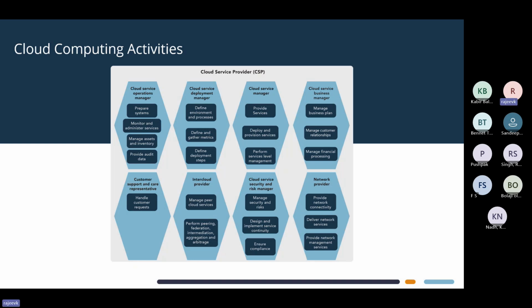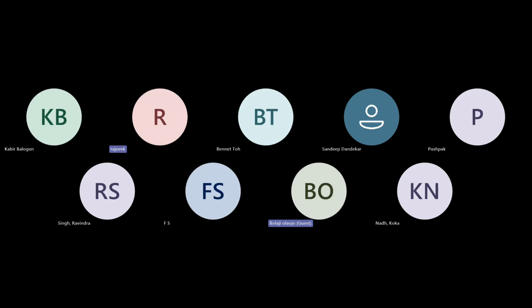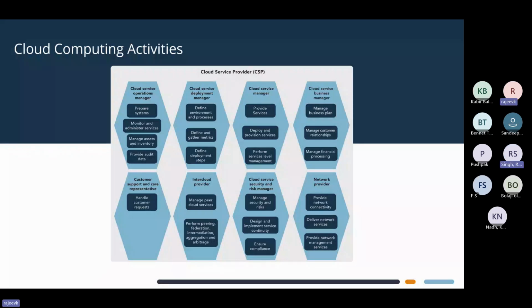Bolaji, you have had your hand raised for a very long time. Tell me if you have any question. Thanks. I couldn't see your slide properly. I'm struggling to see the content on the slide. Can you check, can you see now? I can see, but it's not legible.